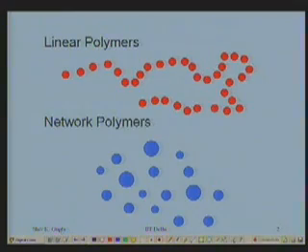Polymers have been classified in number of ways. One of the classifications is on the basis of the arrangement of monomers in space. If it is all along the line, so these are all monomers shown here, and these monomers are joined like this along this line which is curved.